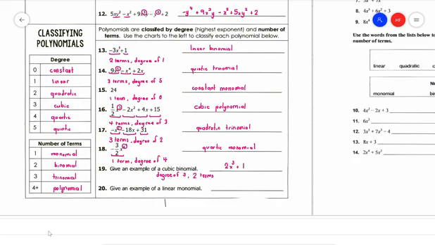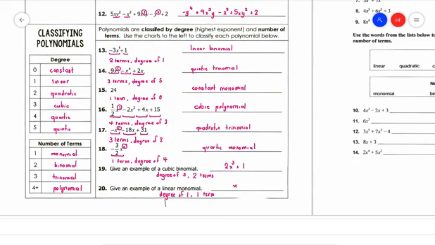We have 2 different terms, and the highest exponent is a 3. Number 20, give an example of a linear monomial. So that's a degree of 1 and 1 term. For that one, let's just do the classic x. It has a degree of 1, and it's only 1 term.